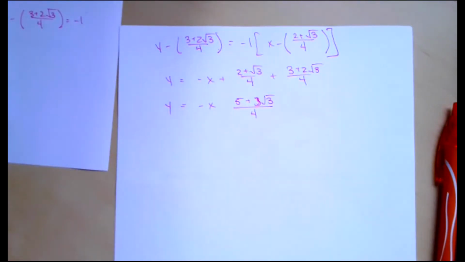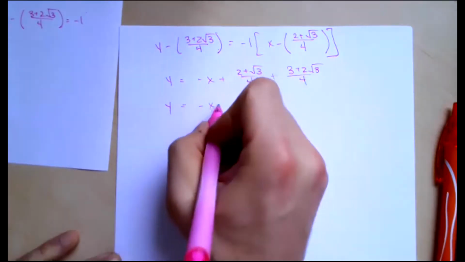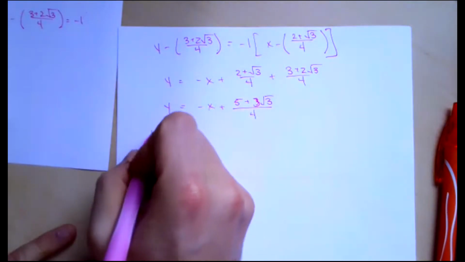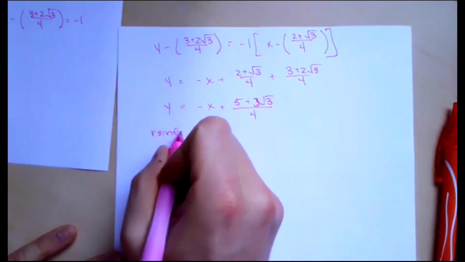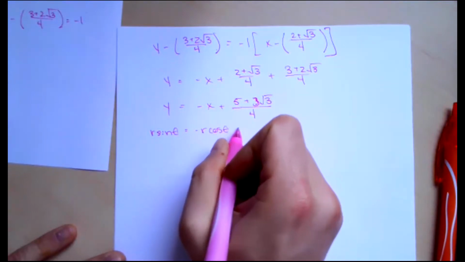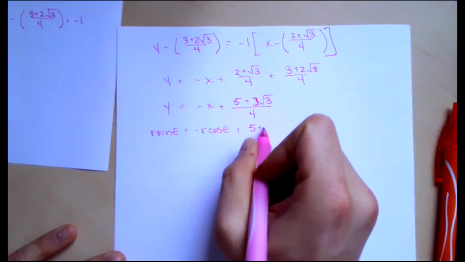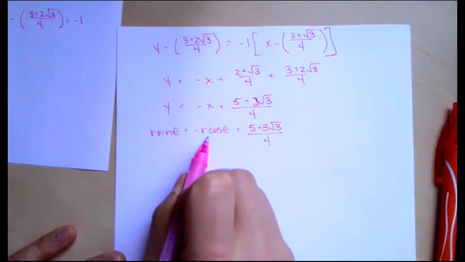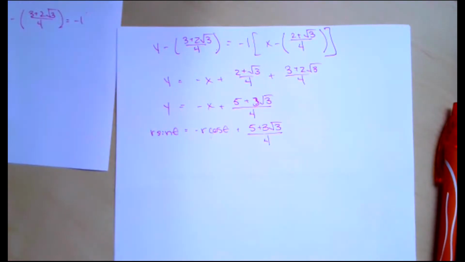Of course, the other thing we might want to do is then convert this to some sort of polar equation. If we want a polar equation of a line, how do we solve for it? We just replace our x and y with their respective sines and cosines.